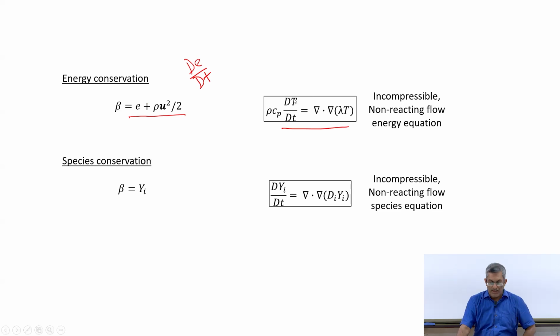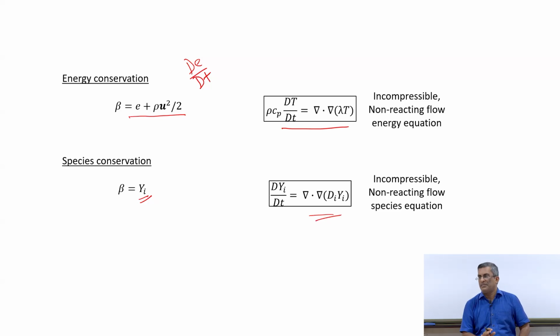So this is not a general or generic energy equation. This is valid when we have incompressible non-reacting flows. Similarly, if we put beta equal to the species mass fraction, then we get the species conservation equation. This is an example of the species equation for incompressible non-reacting flow.